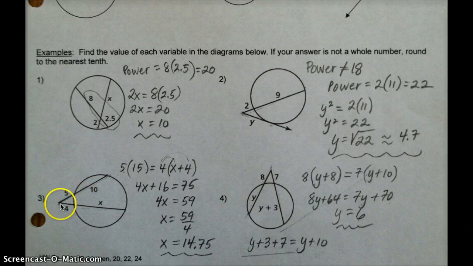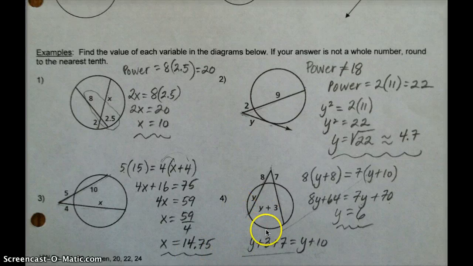And then that's going to equal 4 times this whole length. This whole length we can call x plus 4, because it's this chord plus the little 4 here. So we have 4 times x plus 4. We just distribute, and we go through and solve, and we get that x is 59 divided by 4. Plug that into our calculator, and we get that it equals 14.75.